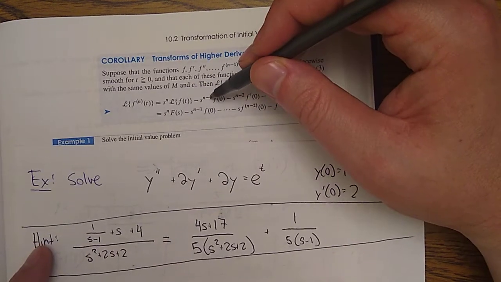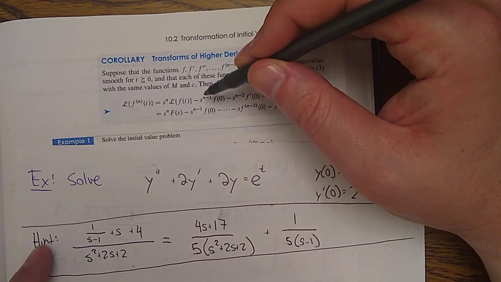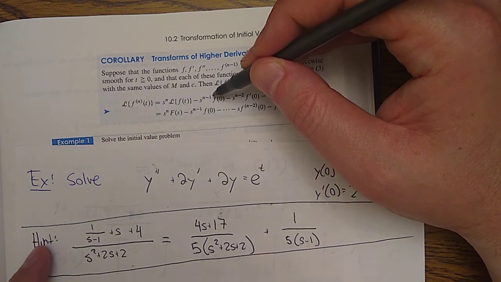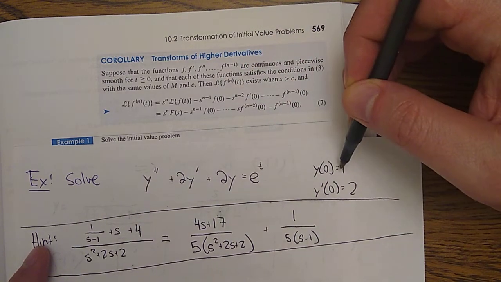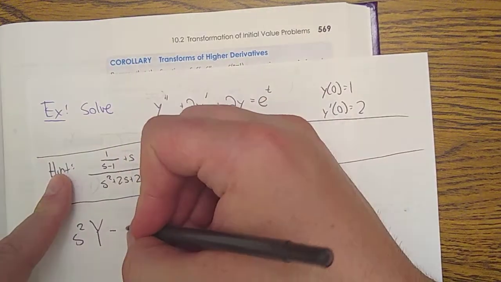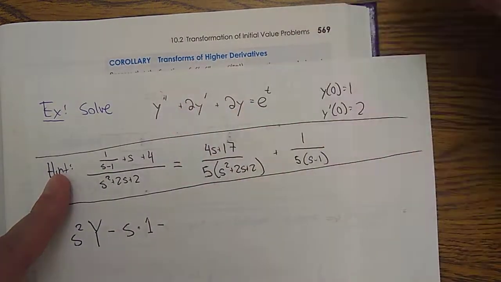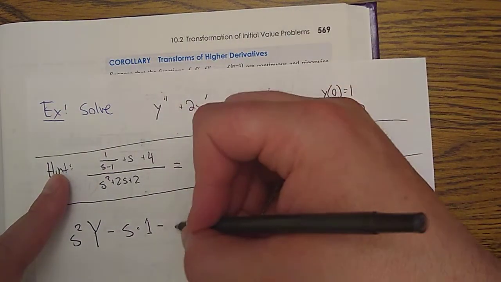And then I have to subtract the next power of s down times f of 0, or y of 0. So the next power of s down would just be s times 1.